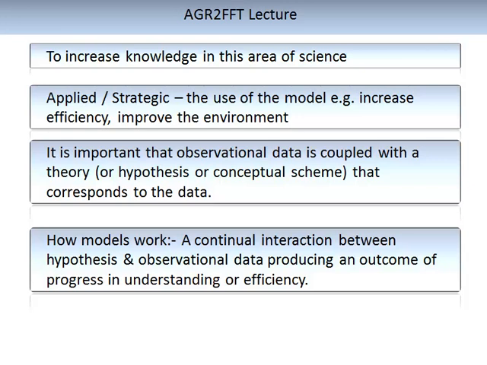It is important that the observational data is coupled with a theory or a hypothesis or conceptual scheme that corresponds to your data, and look at how your model is going to work. A continual interaction between hypothesis and observational data, producing an outcome of increasing understanding and/or efficiency, is the gold star, or what we hope the model will achieve.